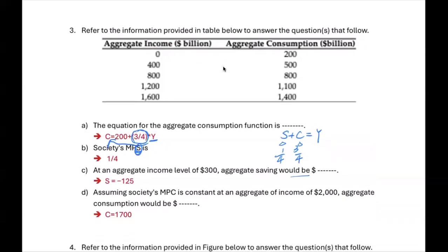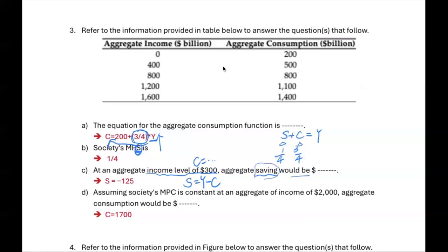Also, for C, it is asking you what the aggregate saving would be. After using the first equation and substituting the aggregate income equals 300, you will get C equals some value. Then how to get S? S is just Y subtract C. So this is also a trick, since it's asking you for the saving.